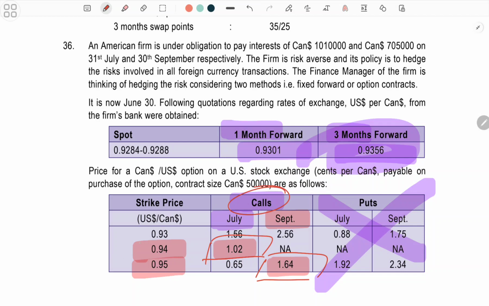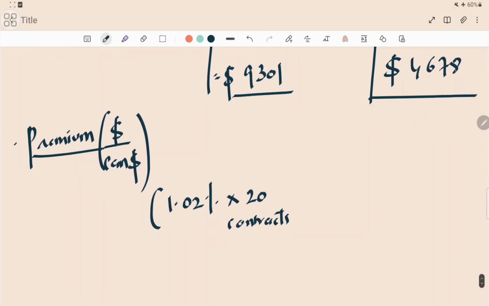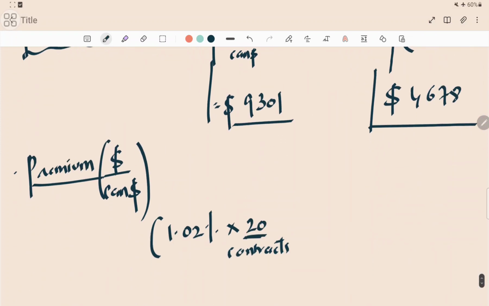Call option for 1 month for 0.94, this 1.02. Call option for 3 month for 0.95, 1.64. Correct? So here the premium would be 1.02% into how many contracts? 20 contracts, right? The call option hedge was only for the 20 contracts part, but the balance 10,000 was using the forward rate.